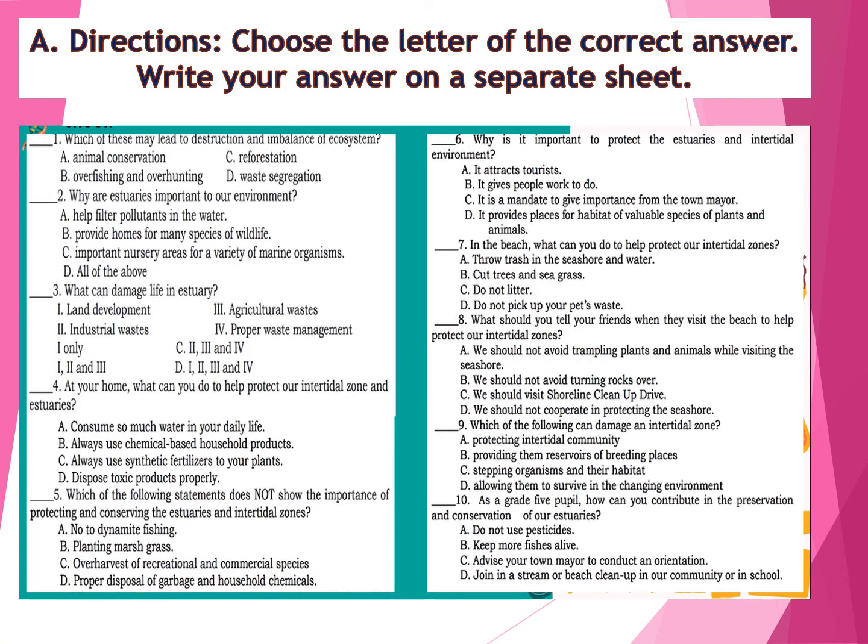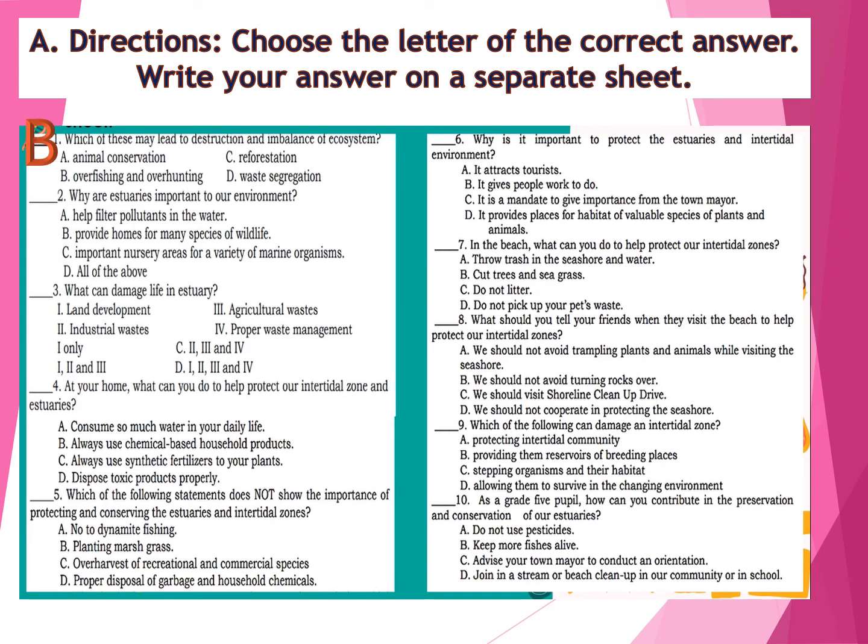For this activity, you're going to choose the letter of the correct answer and write your answer on a separate sheet of paper. Again, 5 seconds to answer this activity. Let's check your answer.